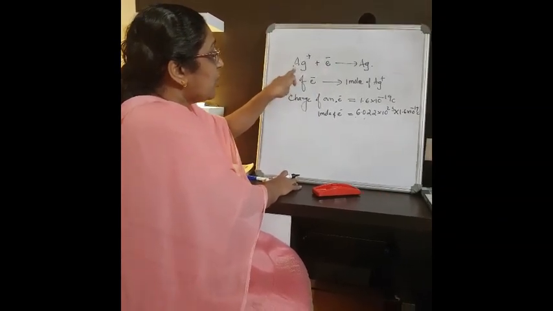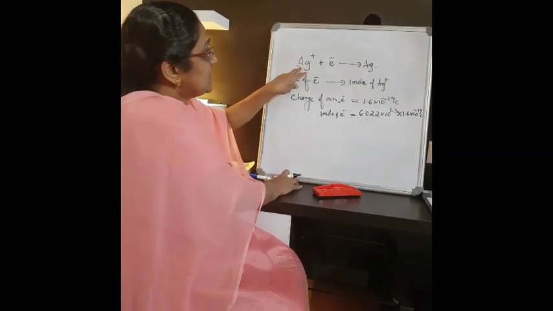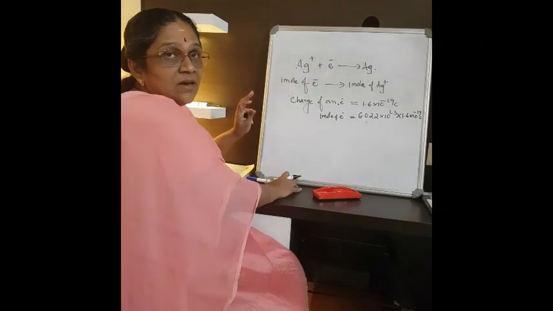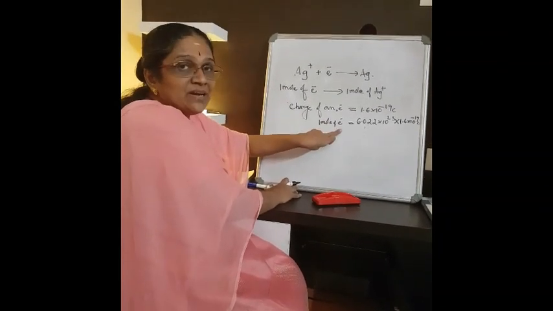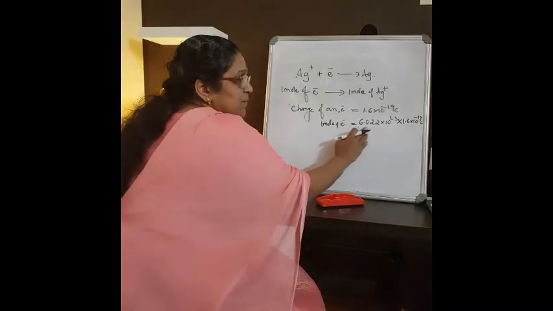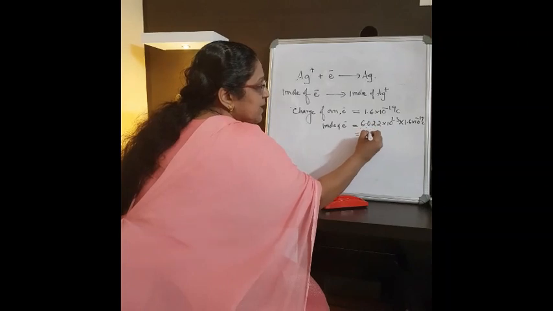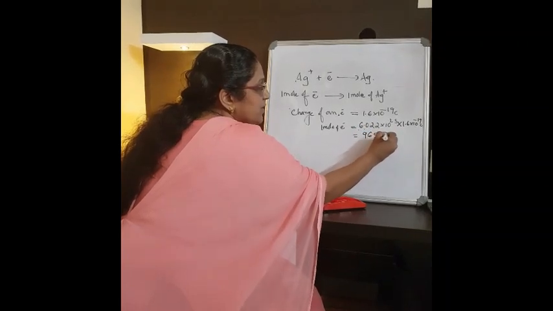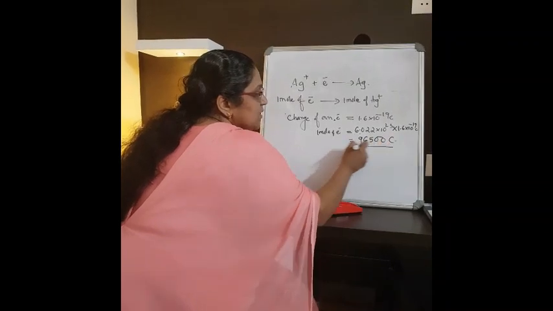for the reduction of how many moles of Ag plus? That is 1 mole of Ag plus. Now, how will I calculate the charge of 1 mole of electrons? Just multiply with the Avogadro number. That comes to around 96,500, or 96,484 coulomb. This is how you get it.